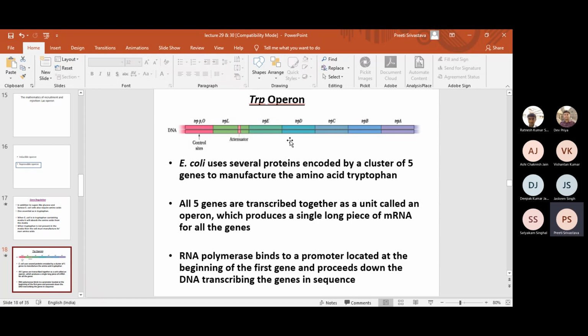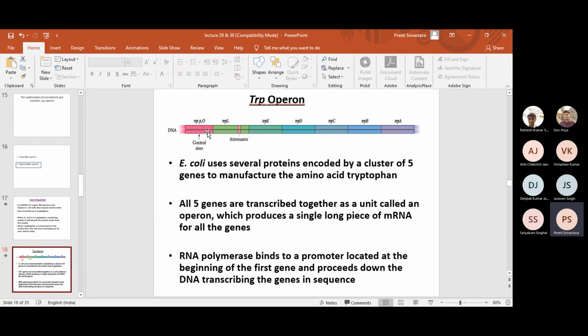That's it. And then over here is a region which is called trp leader peptide, and over here is the promoter and operator region. Most of the time in E. coli, the cell has actually all the genes, all the operons for biosynthesis of amino acids like tryptophan, phenylalanine, for example asparagine.